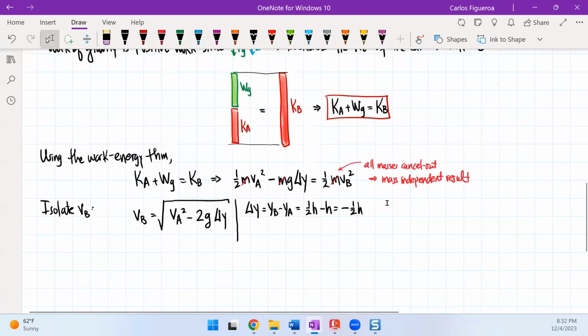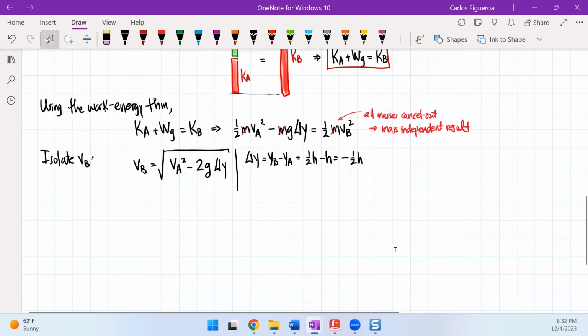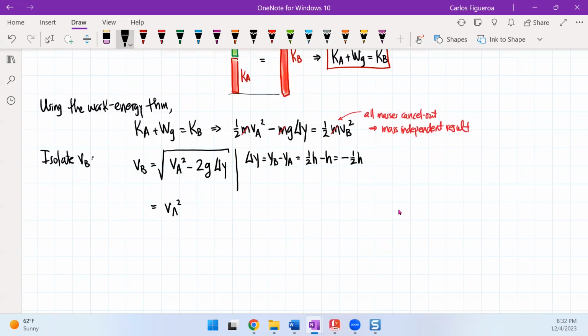Now, if I substitute this delta Y into this quantity, the 2's are going to cancel, the minus signs are going to cancel, and I'm going to end up with a result that looks like this, plus gH.